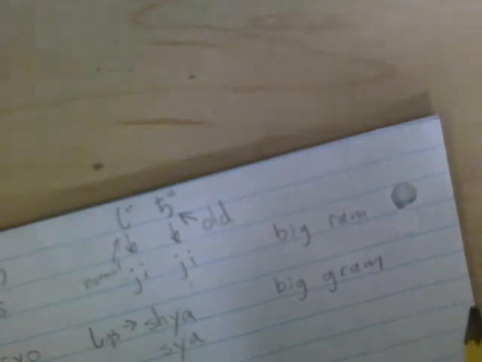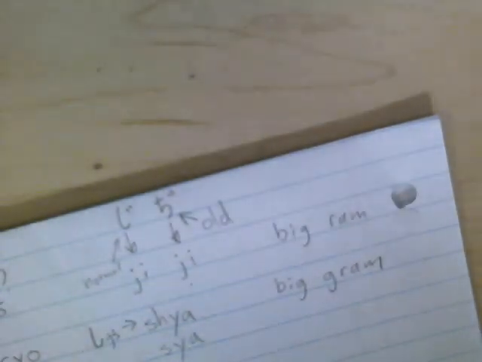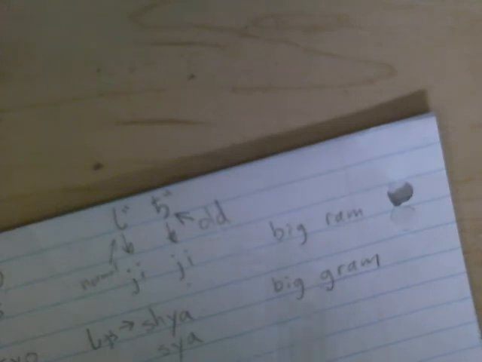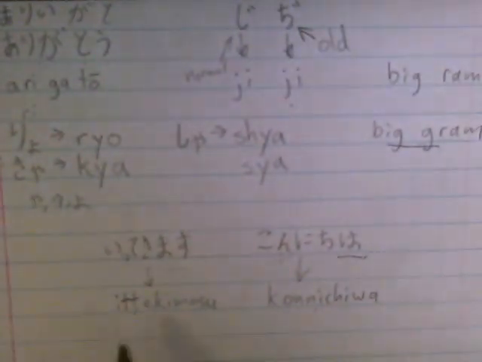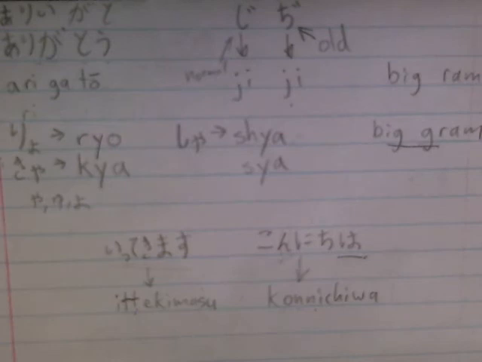I bet you can hear the difference when I'm speaking, and I bet you understand. Okay, that's a weird example, who would say big gram, but say I was saying something normal, I bet you could understand which way I was saying it. It makes a huge difference in meaning in English, big gram and big ram, and that's why there's a double consonant. So it's the same idea here. Ittekimasu. Konnichiwa. So just put that in and you'll be good.